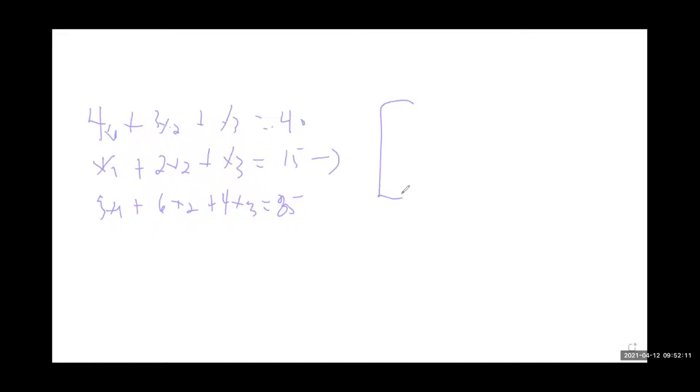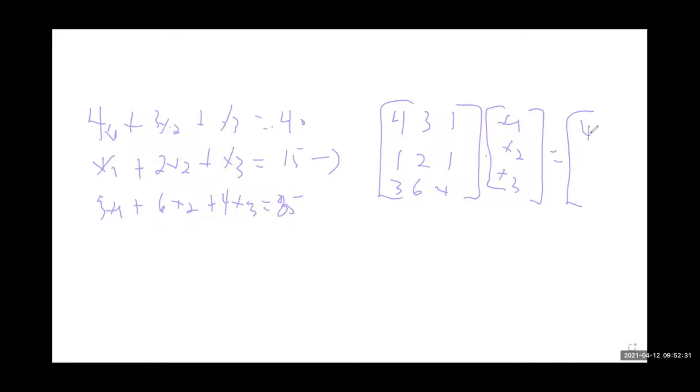Let's group all the coefficients at one side. So I have 4, 3, 1, 1, 2, 1, 3, 6, 4. We know this multiplies x1, x2, and x3 to be equal to 40, 15, and 35.